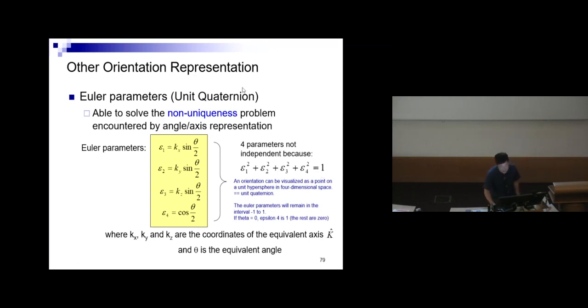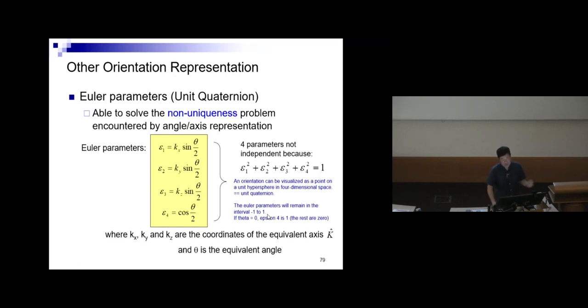So when you have this equation, you can actually visualize a hypersphere in 4-dimensional space. In a 3-dimensional space, every point is on the surface of the sphere. In a 4-dimensional space, you can expand that out. So the Euler parameters will remain in the interval -1 to 1.